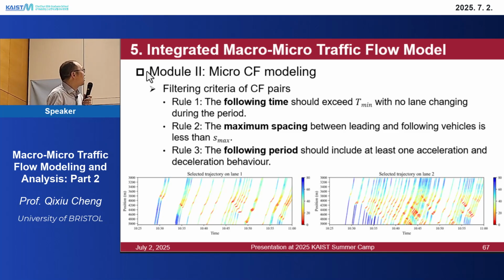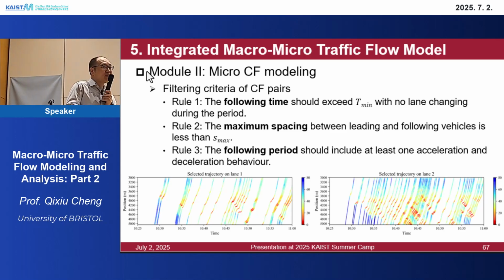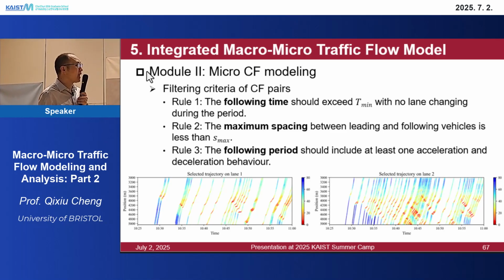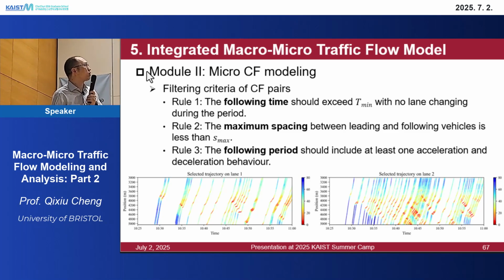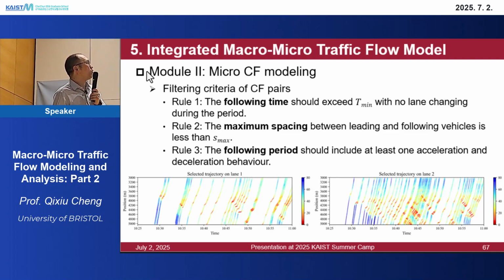Okay, module 2 is related to the micro car-following model. For the micro car-following model, we need to determine the car-following pairs, and when we select them, we need to set some rules. For example, the following time shouldn't be less than T minimum, with no lane changing. This ensures it is in a car-following state.